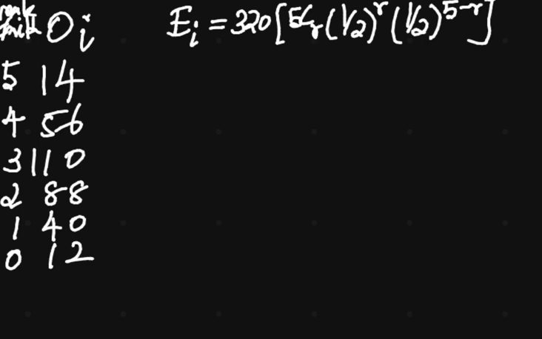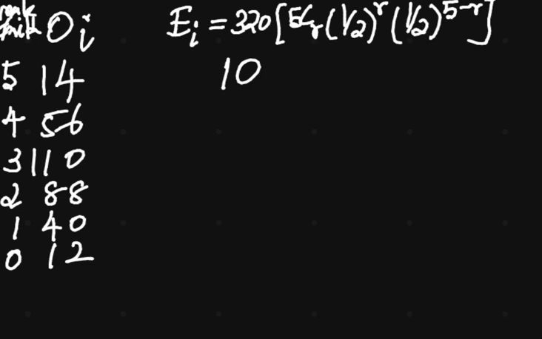Then 5C5 is 1, (1/2)^5, and (1/2)^0 is 1. So 320 into (1/2)^5. You can do it on the calculator itself, and you get the value 10.